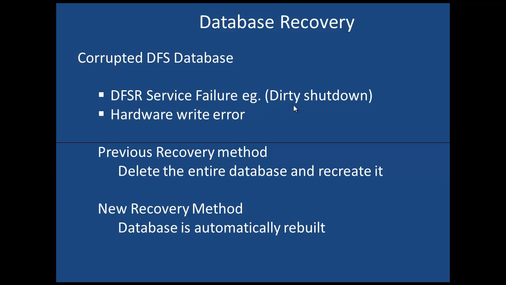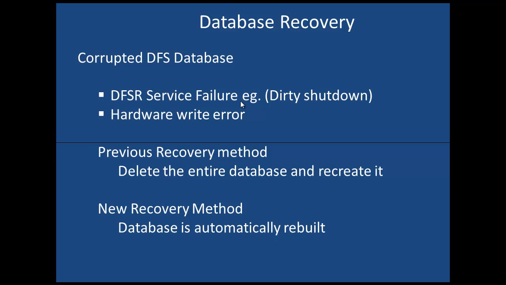We refer to that as a dirty shutdown. Or there might be a hardware error where the data is not being returned to the disk. In any case, once that database is corrupted, replication is not going to take place. So when a change is made to a file or folder, that change is not going to be replicated to the replication partner.